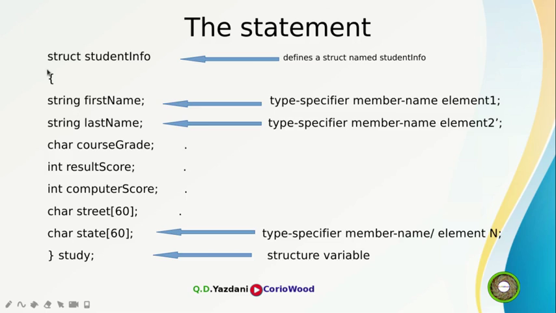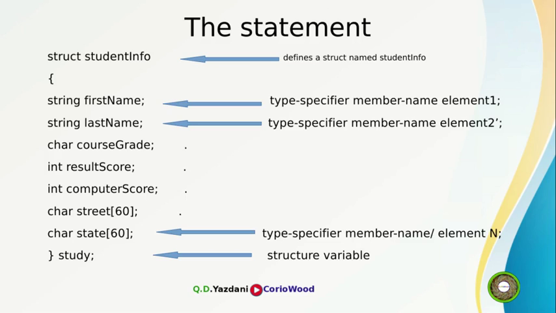You can just put struct and then open curly braces, and put all your type specifiers and member names, whatever elements you have, inside. This keyword struct is essential. You have to put struct for the C++ compiler to know that you want to declare your structure in C++.